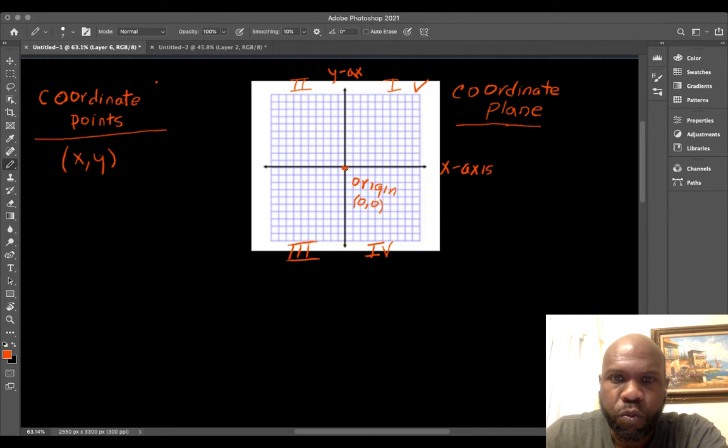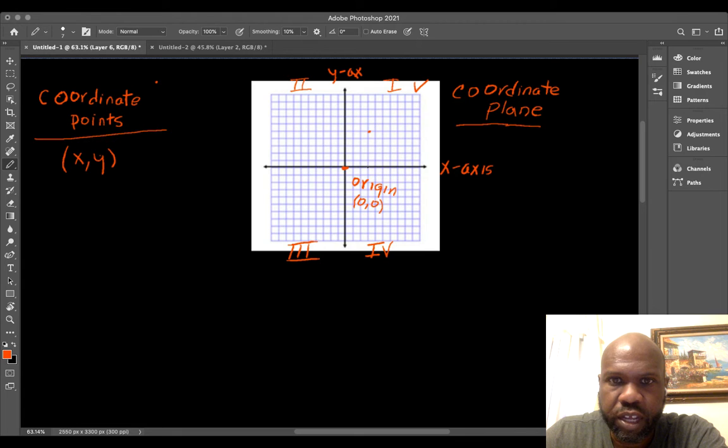Now, if I wanted to plot some points and make a line, let me put a point in each category. This little dot is a point. How do I make a coordinate point from here? Think about it. On the x-axis, how many spaces do I go to the right to get to that point? 1, 2, 3.